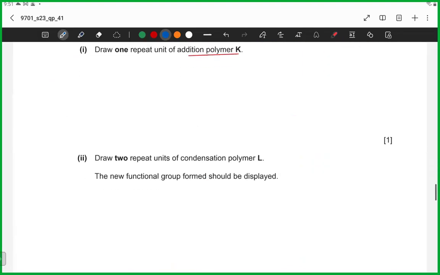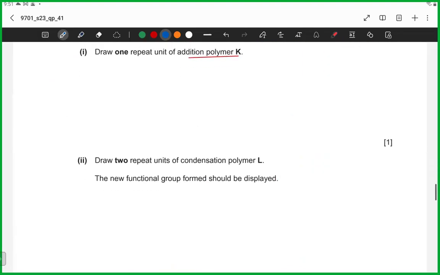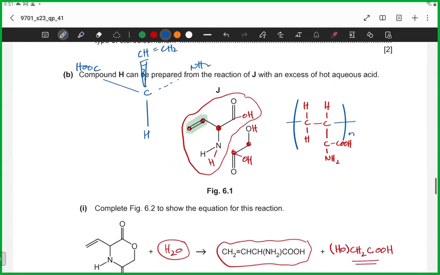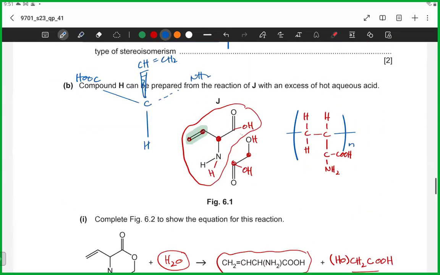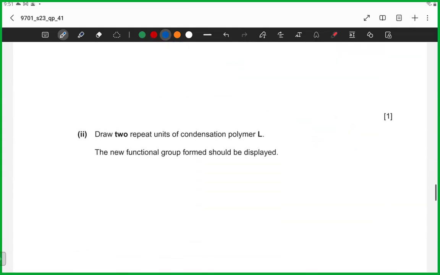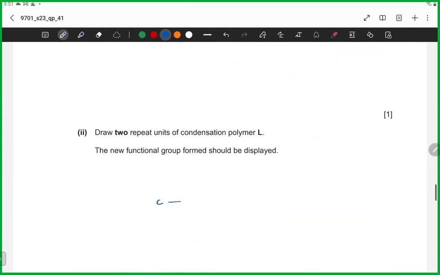And after that, he says to draw two repeat units of a condensation polymer. So the same molecule over here, I have to draw a condensation polymer. Isn't it the COOH and amine reaction? There was a carbon and then a double bond carbon, right? This one has two H's, this one has one H, and then there was NH2 over here.